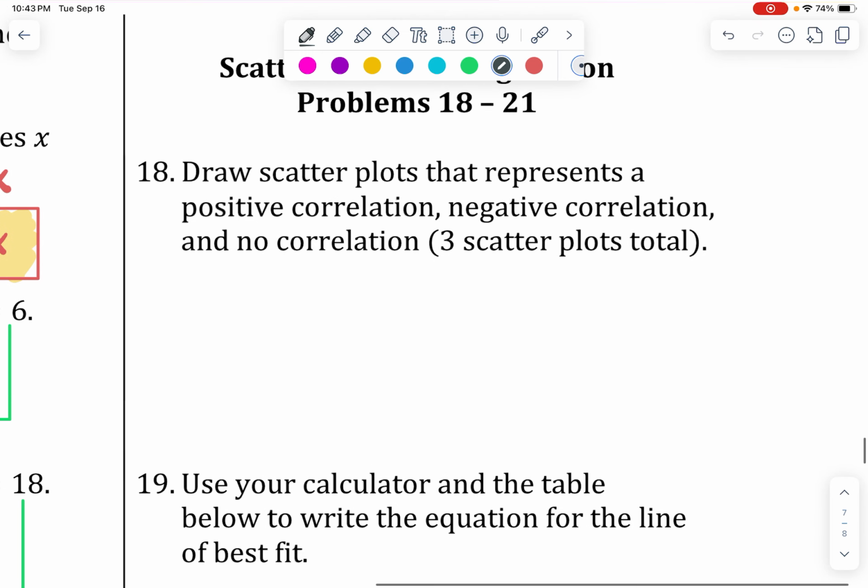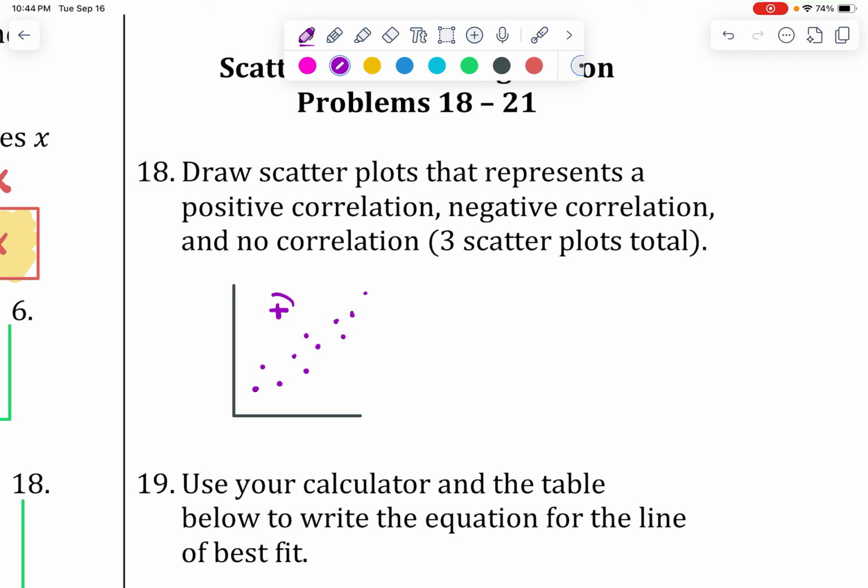Draw scatter plots that represent positive, negative, and no correlation. I'm literally going to draw this super duper fast, right? So positive correlation means that your dots are scattered, but still following a positive linear trend. So this is positive correlation. Negative correlation, this is directly off of our notes. This is all in your notes.